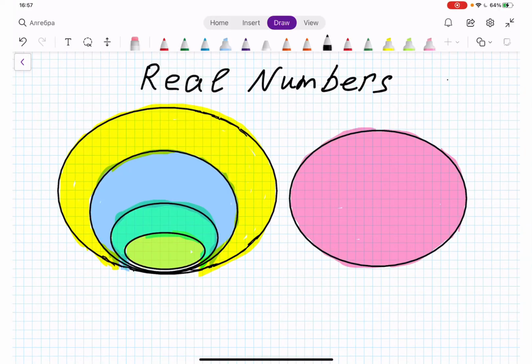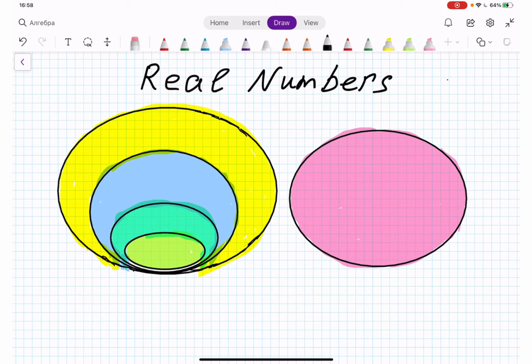In this video, we are going to do adding real numbers, and then we'll come to subtracting and multiplying real numbers. But before we move to these operations, I would like to introduce you to the classification of real numbers, of all numbers at all.